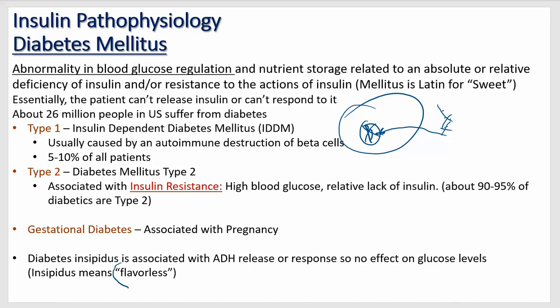So their urine is not delicious. It doesn't really taste like anything, apparently. So diabetes insipidus is associated with antidiuretic hormone release. So that is where it's still diabetes. You're still producing lots and lots of urine, but there is not sugar in the urine. Okay, so it's insipidus, flavorless.